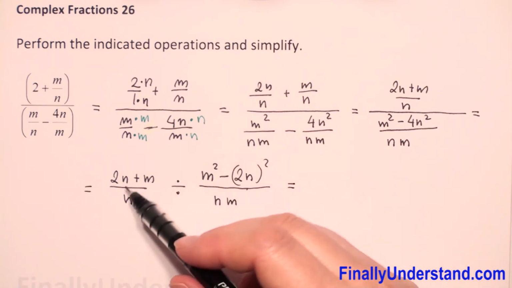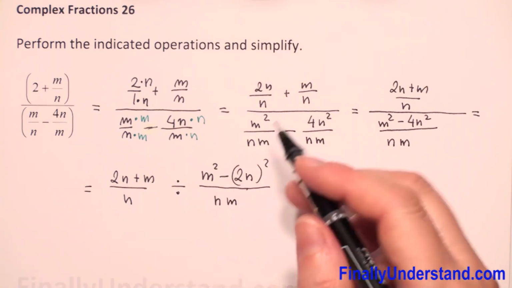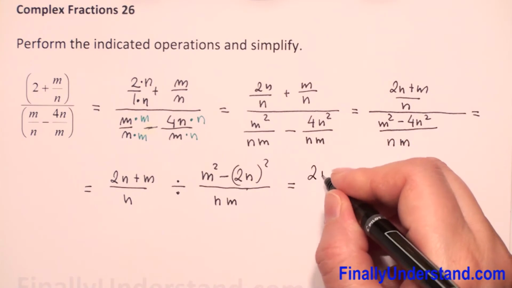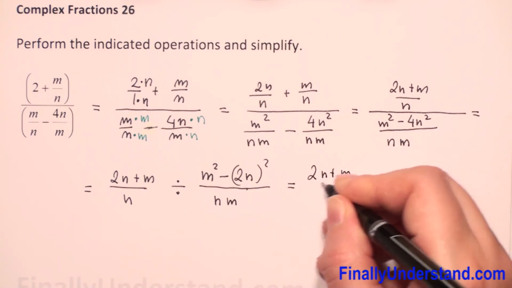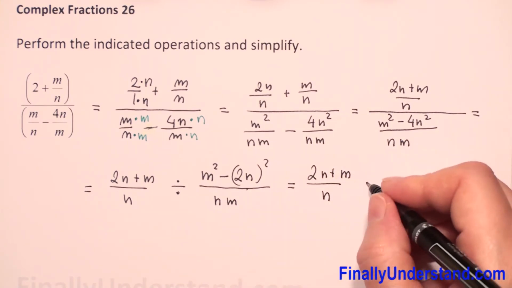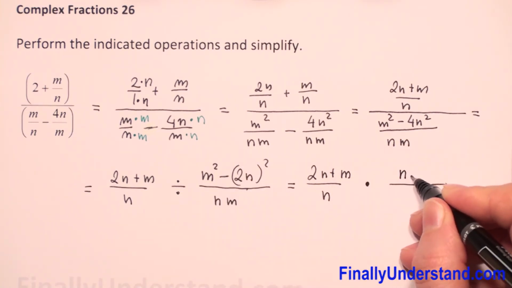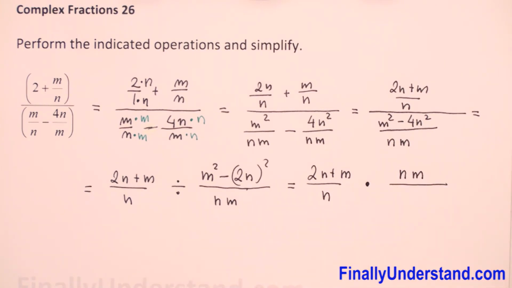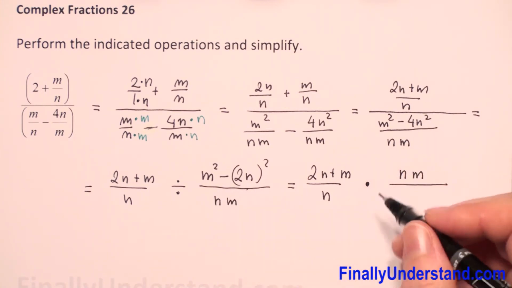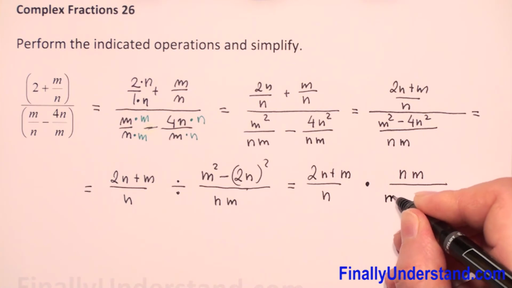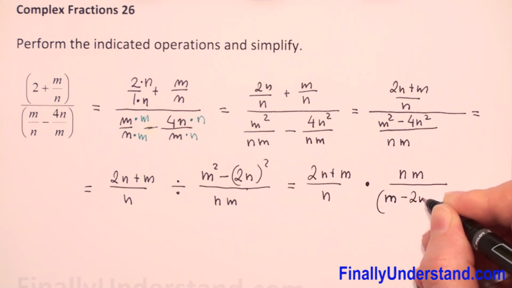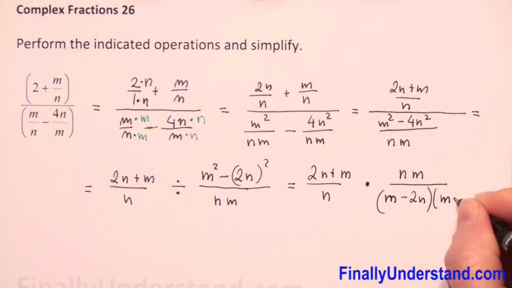Now, when we have division of two algebraic fractions, we have to copy the first fraction, change the division sign to multiplication, and flip the second fraction, so it will be nm. And we see that we have here a difference of two perfect squares, so we can rewrite that this is m minus 2n times m plus 2n.